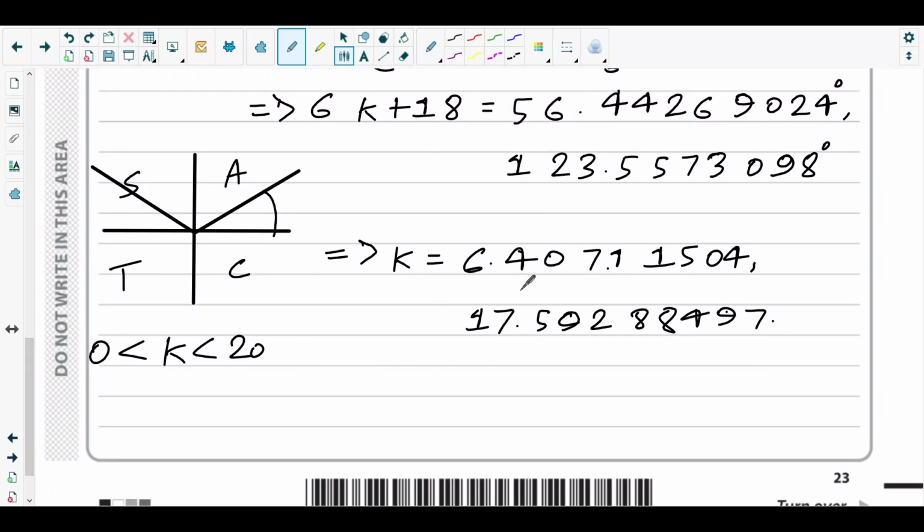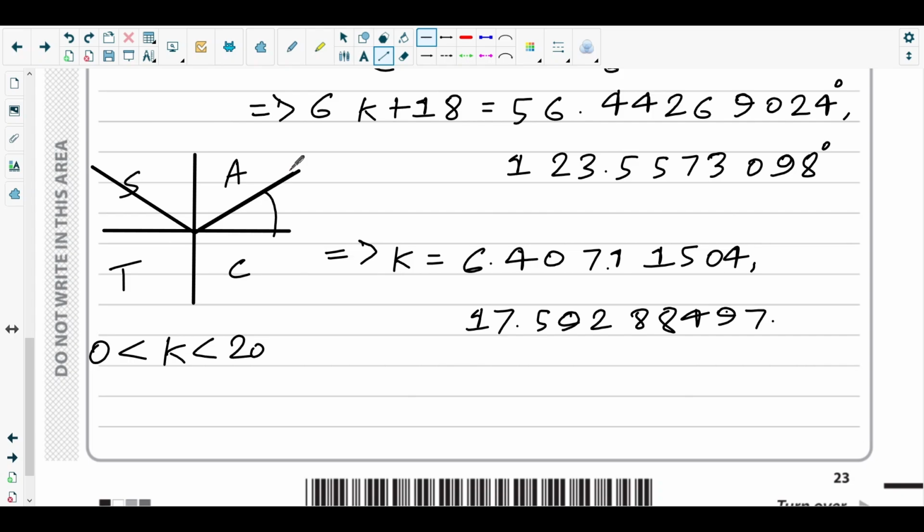We can see that the greater value for k is pretty close to 20. If you consider the further possible values of theta, after 0, 180, 360, you get 360 plus theta.